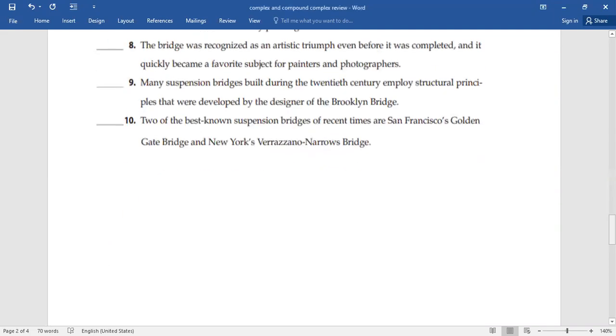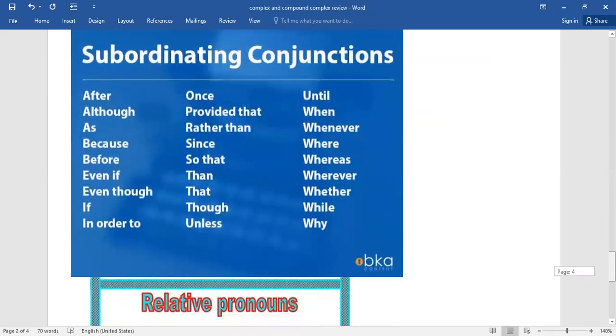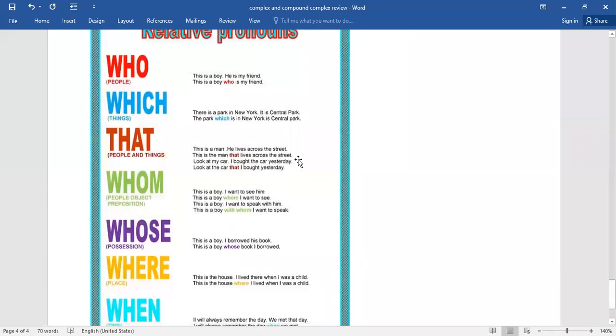I need to go down again and show you your subordinate conjunctions: after, although, as, because, before, if, even though, until, when, whenever. These are subordinate conjunctions. The relative pronouns are only these words: who, which, that, whom, whose, where, and when. Where and when, we barely use them.